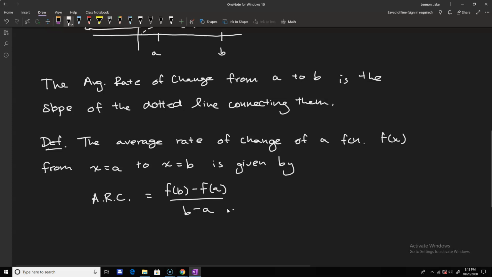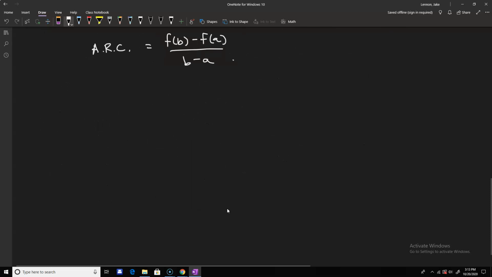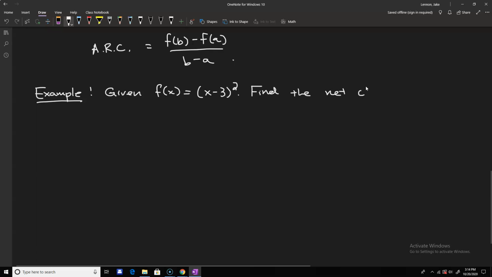Okay, so let's go ahead and do an example to figure out some average rates of change. So example, given f of x equals the quantity x minus 3 squared, find the net change and average rate of change on each interval.